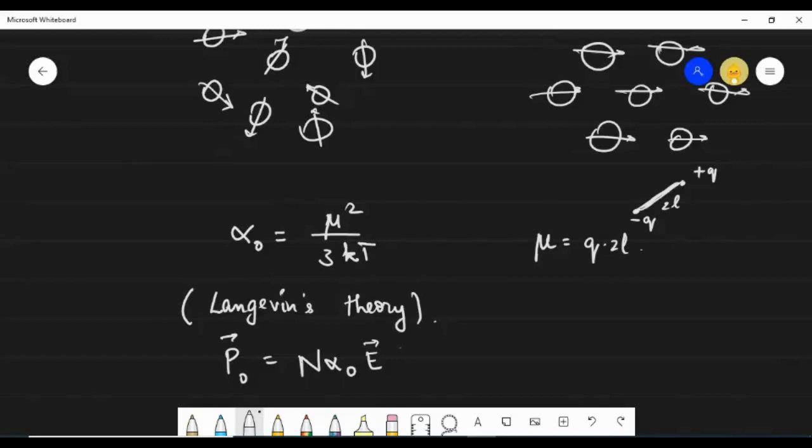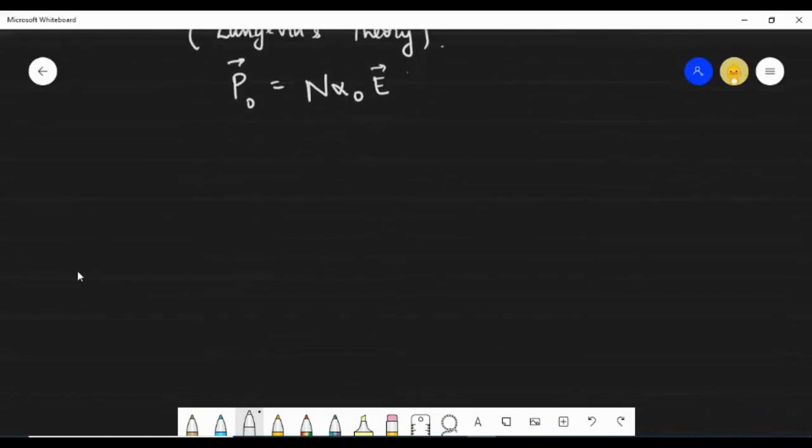Space charge polarization, as I said earlier, occurs in case of heterogeneous dielectrics. It is also temperature dependent. It is the accumulation of charges near the electrodes.